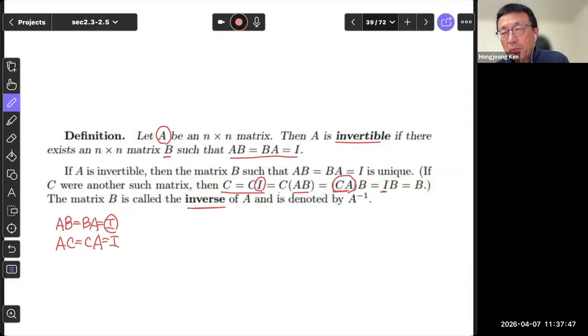And identity times B will be just the B matrix. So if I assume that there is another inverse matrix, then that matrix will be the same as the original inverse matrix. So the inverse will be unique, and that inverse matrix is denoted by A to the negative one.